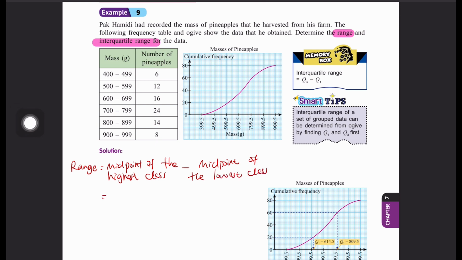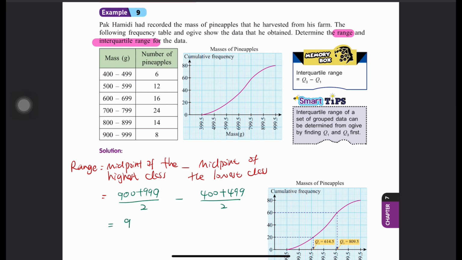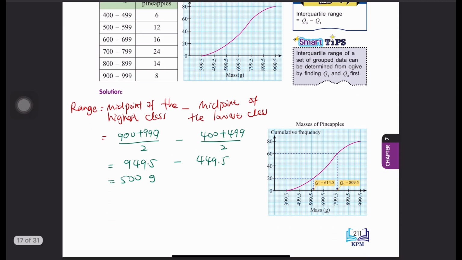The highest class we have is 900 until 999, so the midpoint is 900 plus 999 divided by 2, minus the lowest class, which is this one, 400 plus 499 divided by 2. So you will get 949.5 minus 449.5, and your answer is 500 gram. Okay? So that is how to find the range.